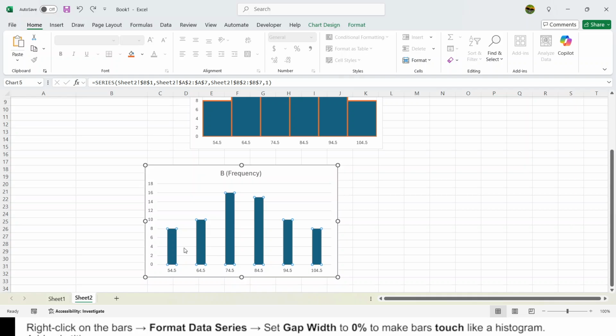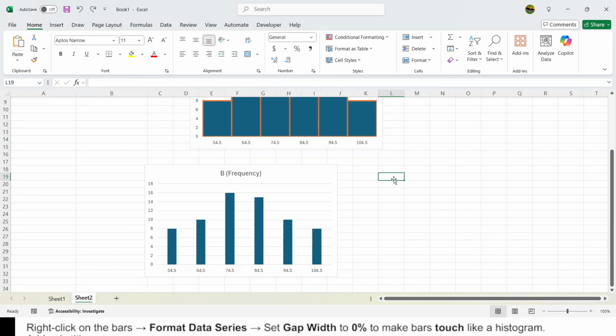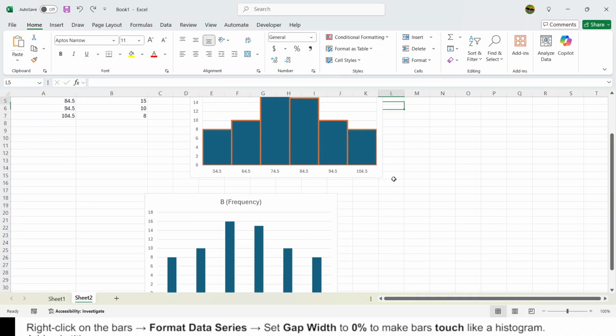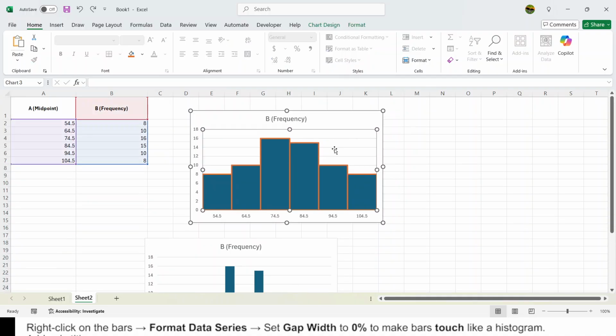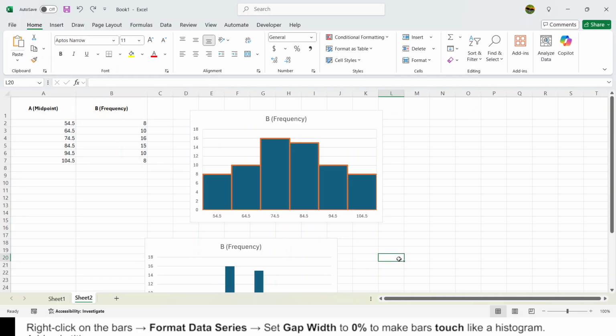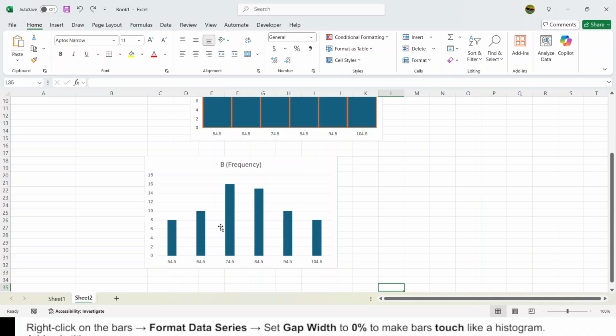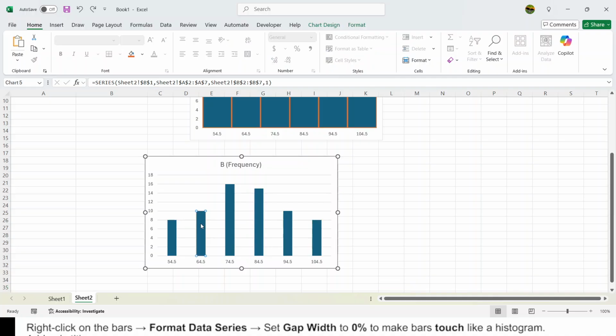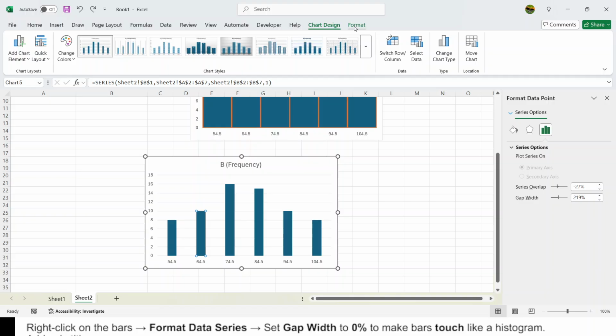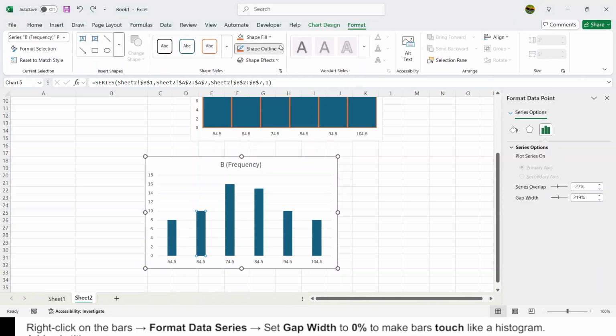You remove this space, the space between column A and column B, so that they look like this one at the top. So you remove the spaces and you attach the columns. For differentiating between the columns, I just selected each column, and then I went to this outline.